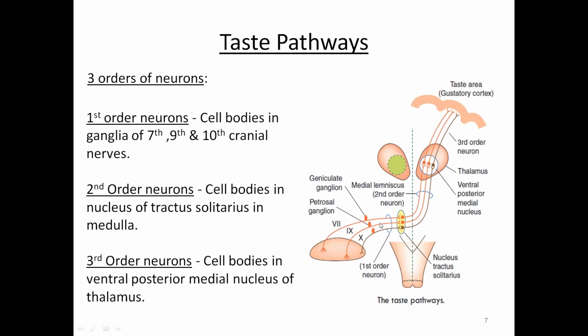Okay, and the cell bodies lie in superior and inferior ganglia of this nerve, as you can see in the diagram. Then the termination of, see here, the first order neurons, they are terminating here.